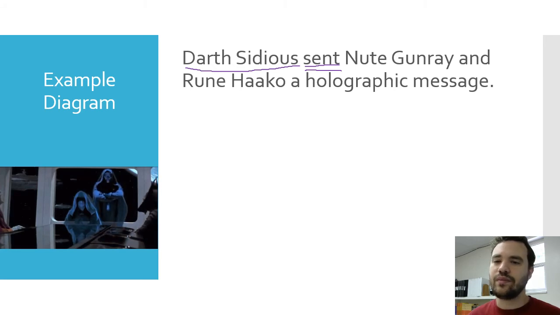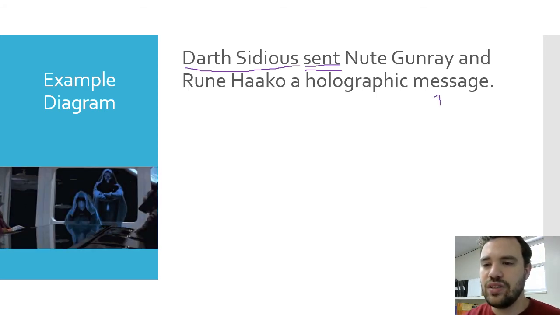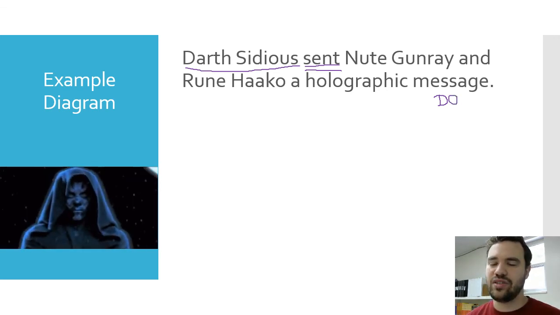Well, he didn't really send any people because it doesn't tell us where he would have sent them. So he sent what? He sent a holographic message. We are looking for the simple direct object, so message would be that because holographic is describing the message, what kind of message, all right?